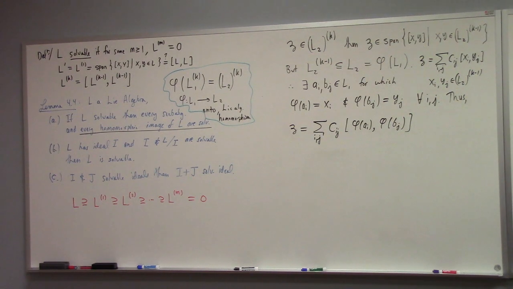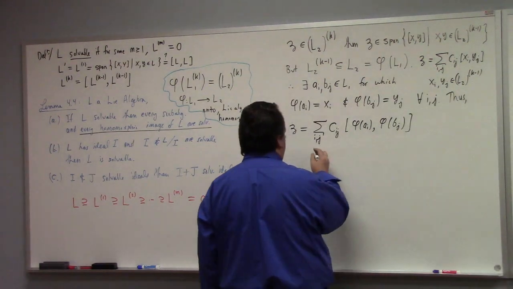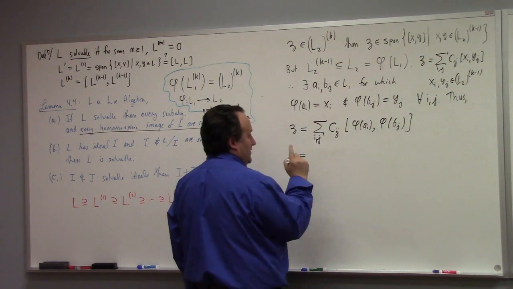Well, you're saying the phi of a_i, phi of b_j, you take the brackets. Mm-hmm. It's a Lie algebra. Right, exactly. This is a Lie algebra homomorphism, so it preserves the Lie bracket. We can take the phi out. And I'm going to do one more step.